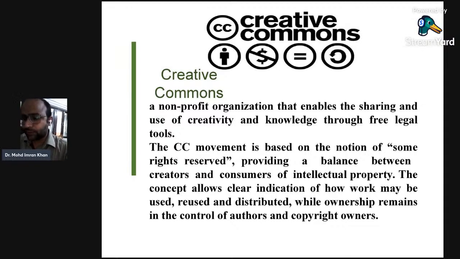It's a non-profit organization that enables the sharing and use of creativity and knowledge through free legal tools. So it's a non-profit organization, and it enables the sharing and use of creativity and knowledge through free legal tools. The Creative Commons movement is based on the notion of some rights reserved.